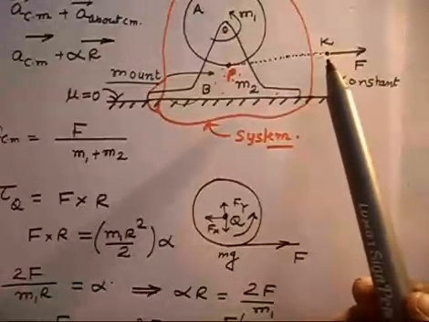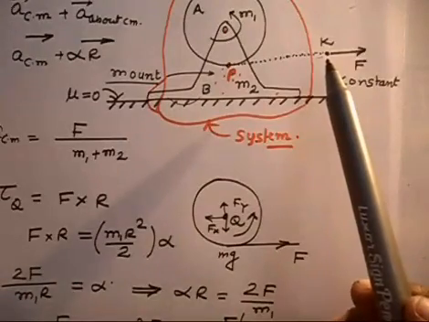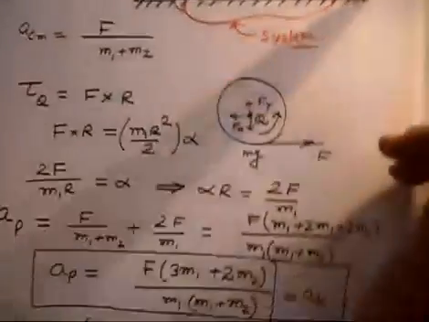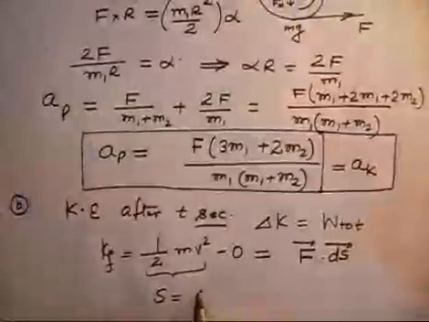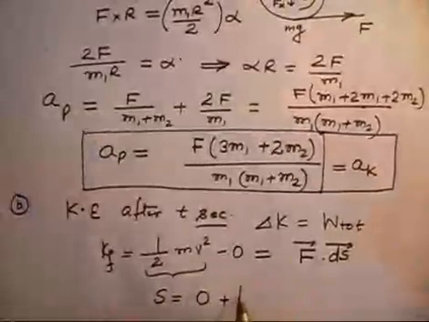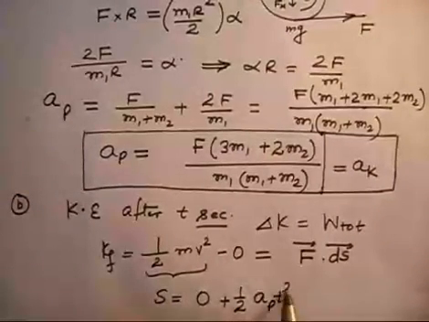So if I consider this point, I have to discuss the displacement of this point. And displacement of this point is given by the acceleration of this point into half t square. So displacement of this point is ut, initial velocity is 0, plus half a, acceleration of point P, into t square.